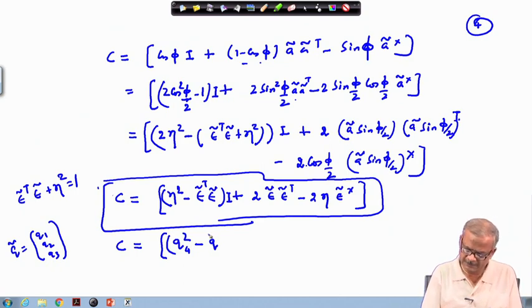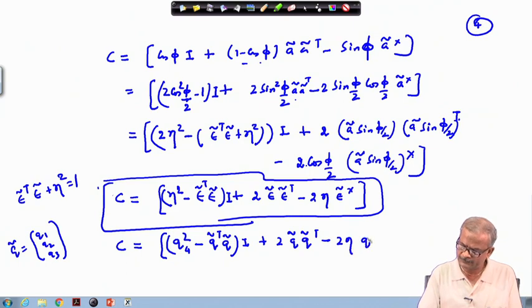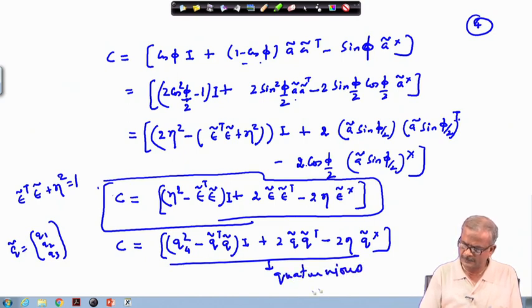So, this is in terms of the quaternion notation, while this is in terms of the Euler parameters.